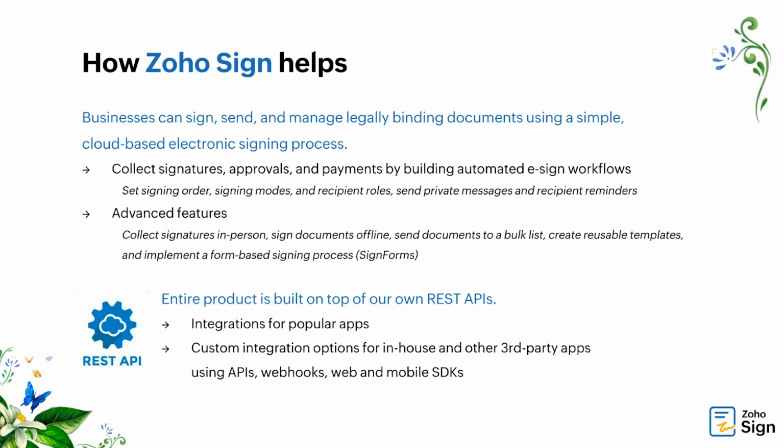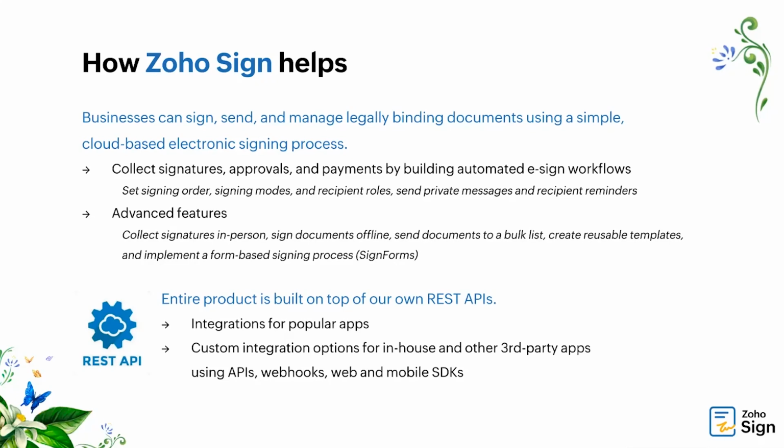But that's not all. Zoho Sign comes packed with advanced features like templates, sign forms, bulk sending and signing, and in person signing, all engineered to enhance your workflow efficiency. And if you need even more customization, Zoho Sign is equipped with REST APIs, allowing seamless integration with various other applications.